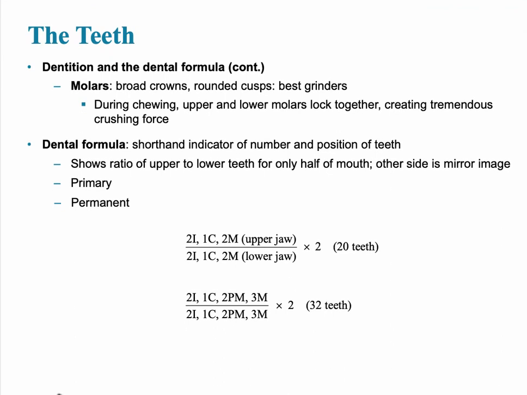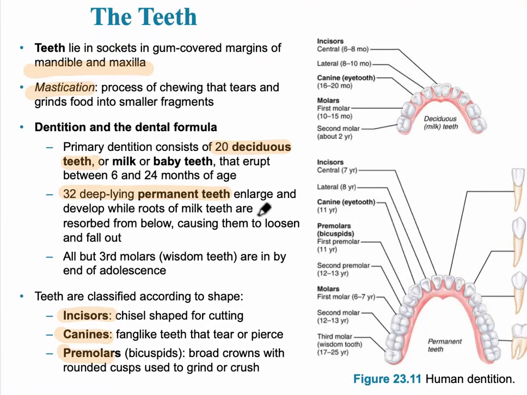There's a formula to know how many of each there are, and you should know the main function of each of them. If you think of the shape of them, it makes sense. Your incisors are chisel shaped for cutting. Canines are also called the eye teeth because they're directly beneath our eyes. They're fang-like teeth that tear or pierce. Think of vampires, they have really sharp canines.